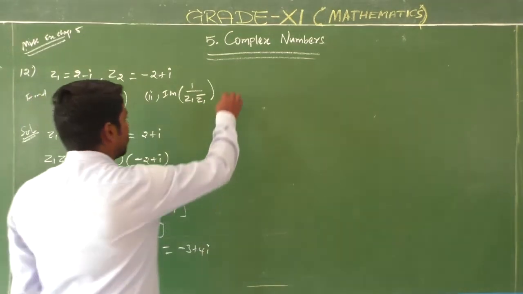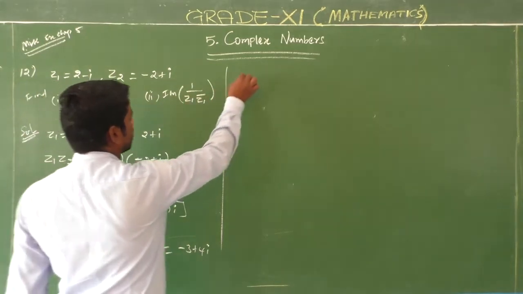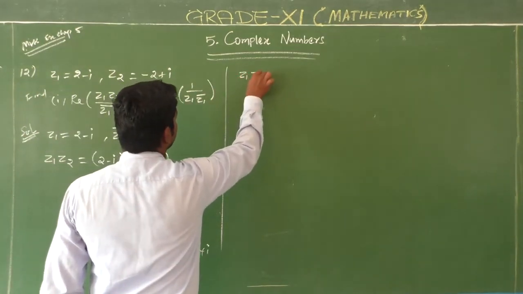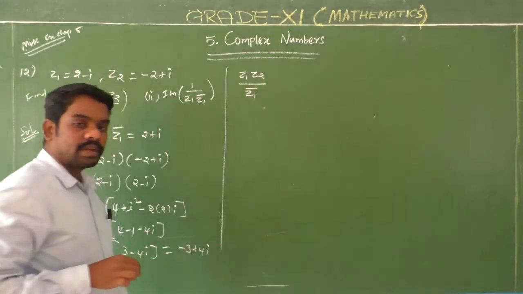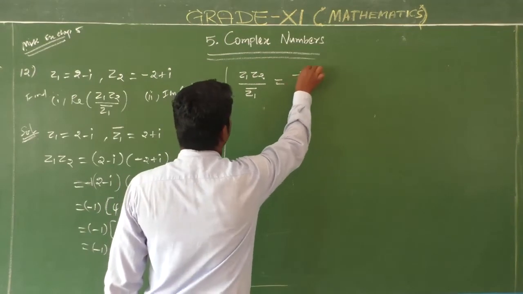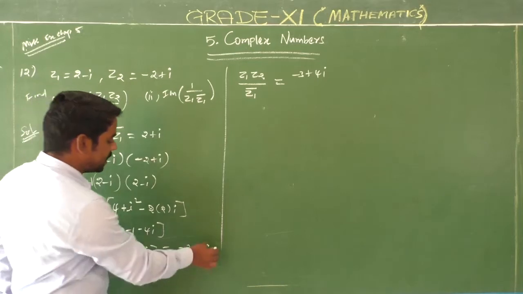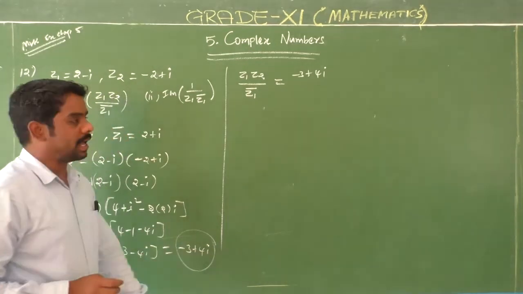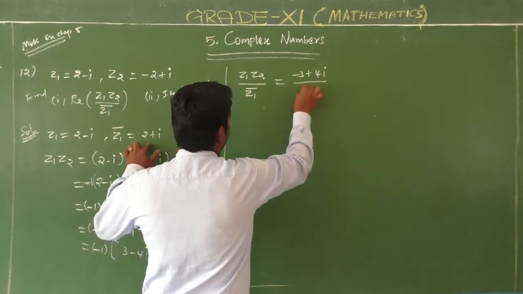We need Z1 into Z2 divided by Z1 bar. Z1 into Z2 is minus 3 plus 4i, and Z1 bar is 2 plus i.